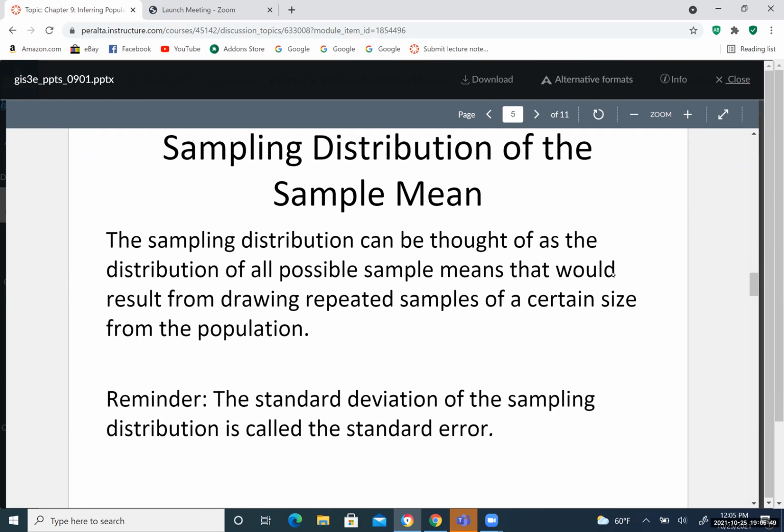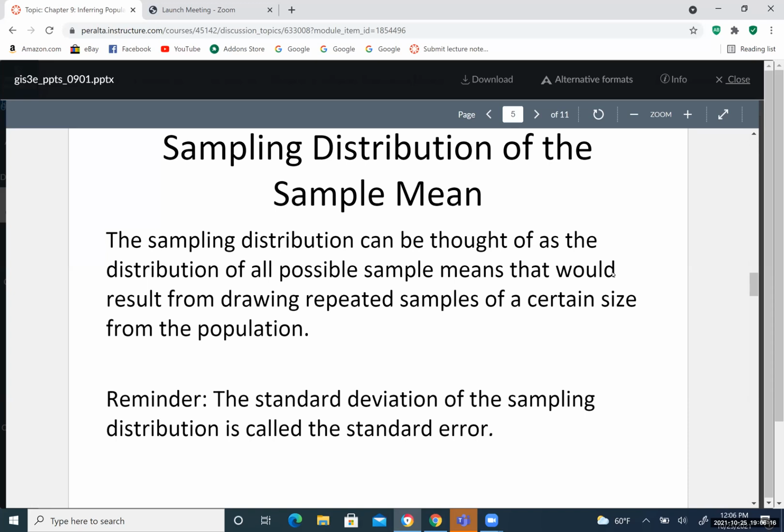Sampling distribution of the sample mean. Sampling distribution is talking about a lot of data combined to become a distribution, like a graph. Usually when we collect a lot of data together, it will form a bell shape.